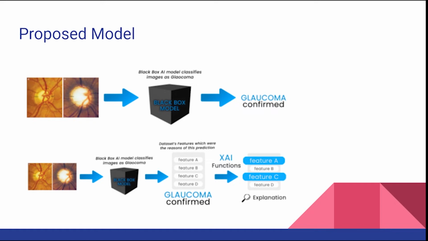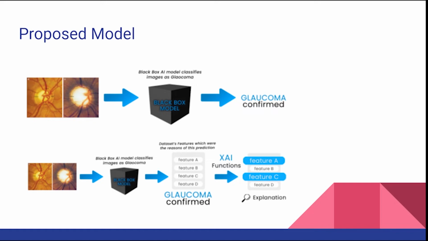So, to classify the images of our dataset, we used black box classifiers. While black boxes are excellent for classification purposes, they do not provide any rationale behind their decisions. That's why we used explainable AI that extracts the features that are responsible for the decision. There are many XAI frameworks that explain the black box.